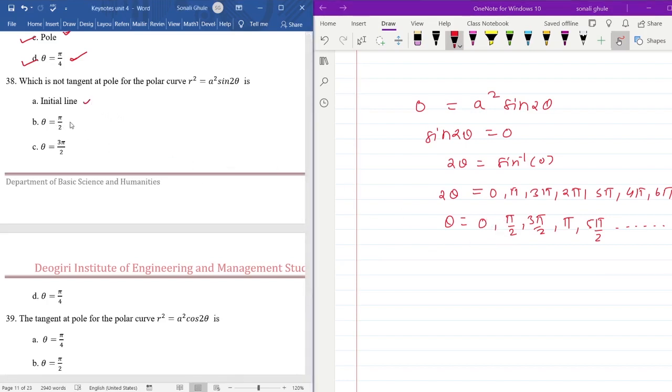Then the θ = π/2 line is a tangent. θ = 3π/2 is also a tangent. But if you observe, this one is not a tangent, so this is the correct option.